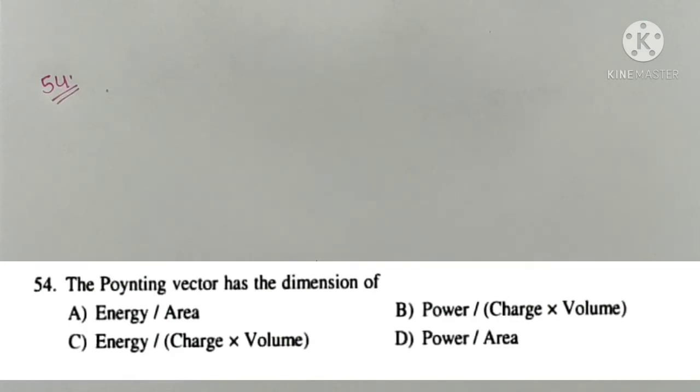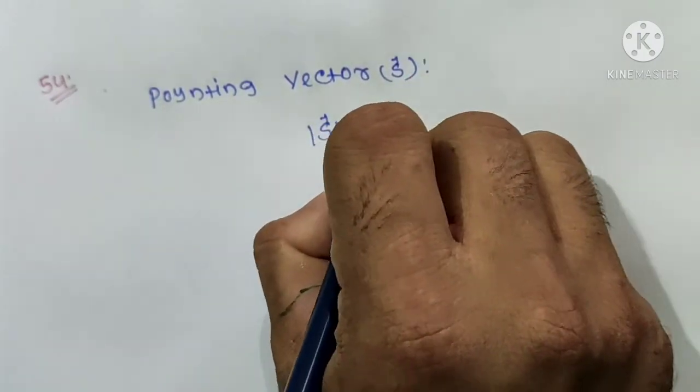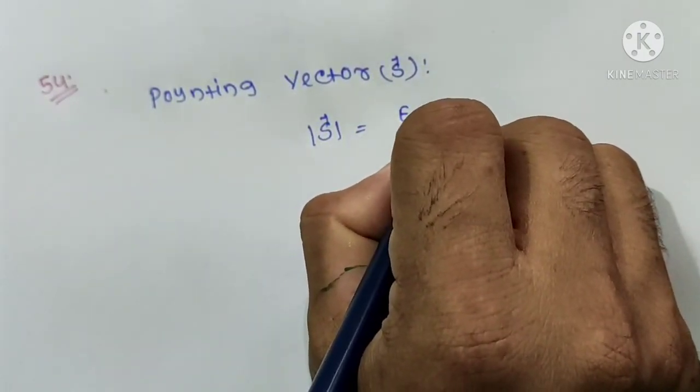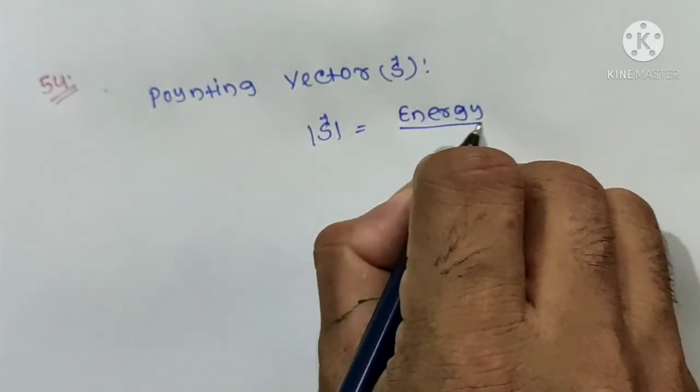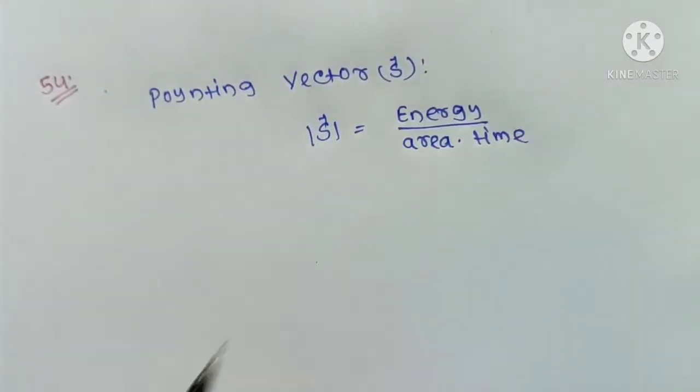Question number 54. The Poynting vector has the dimension of. We know the Poynting vector is defined as energy radiated per unit area per unit time.